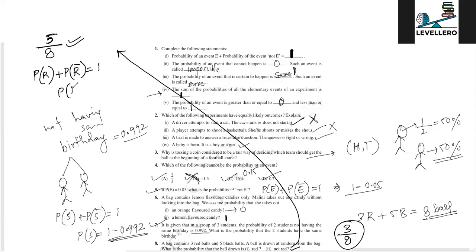So the probability of not getting a red ball is going to be 1 minus the probability of a red ball, which is 1 minus 3 over 8, becomes 5 over 8. Either way, we get the same answer.